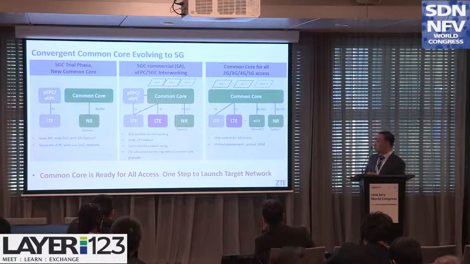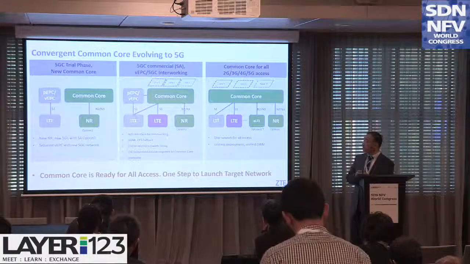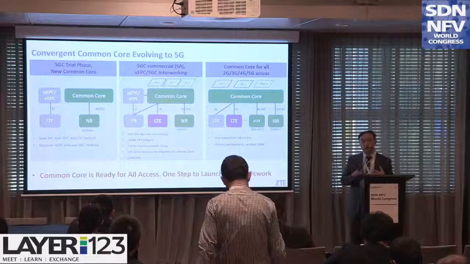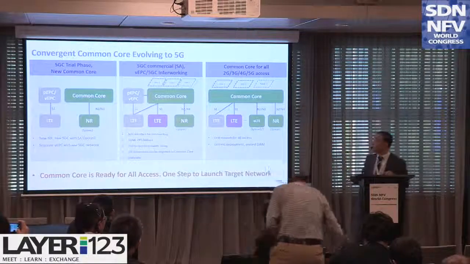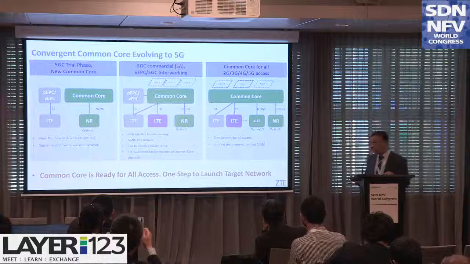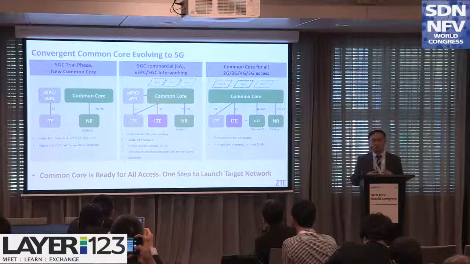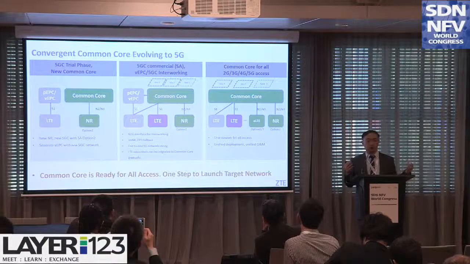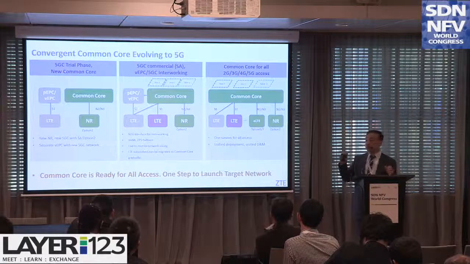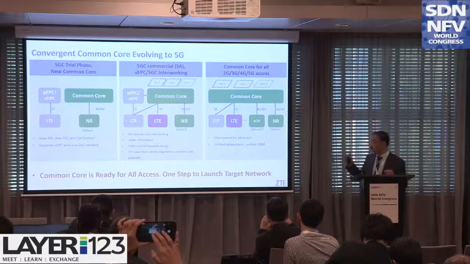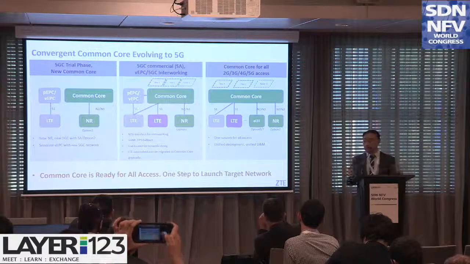This picture shows how we can use this common core to help us migrate to the target 5G. This is about standalone. Some aggressive service providers like China Mobile have selected standalone mode for their target 5G network, and they have a very aggressive project.